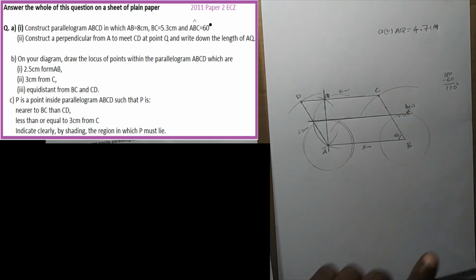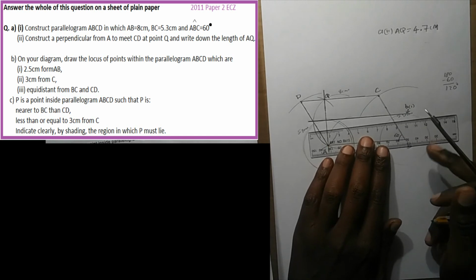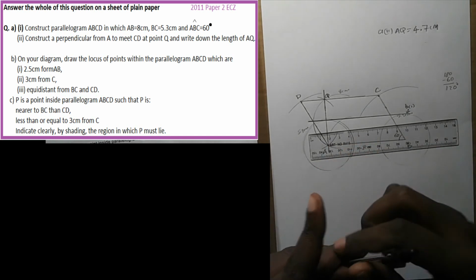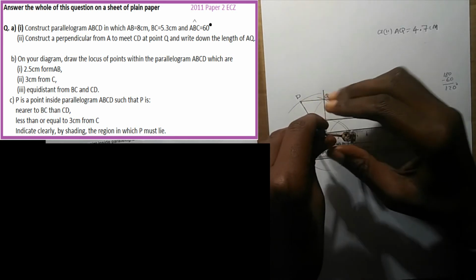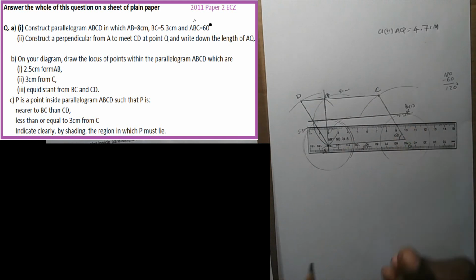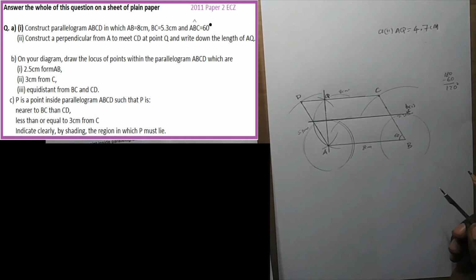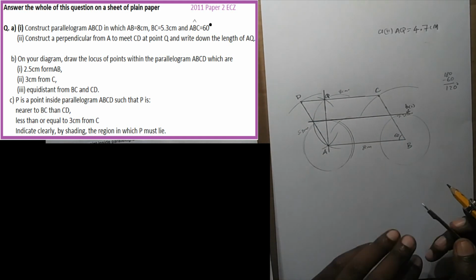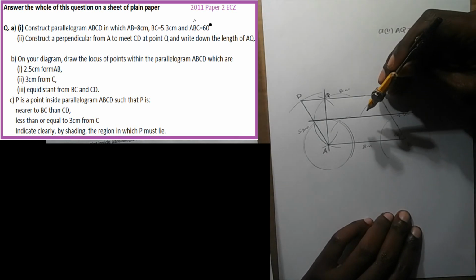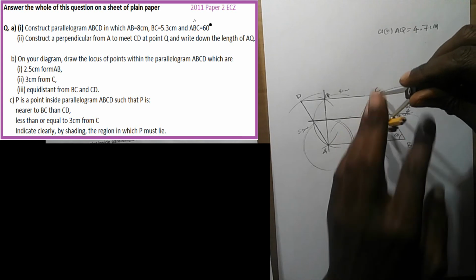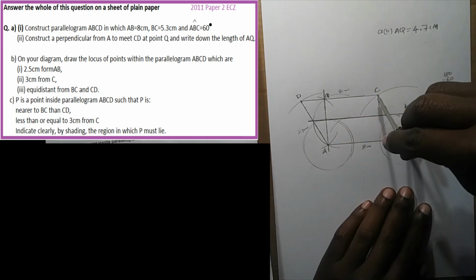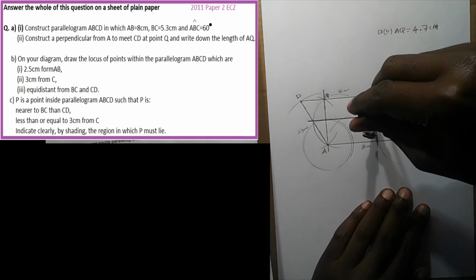The other one is 3 centimeters from C. So you get your ruler and make 3 centimeters. You place at 0 there, and then up to where 3 is. So this is 3 centimeters here, and then it says 3 centimeters from C. So we'll come at C here, place the compass there, and then draw a very nice looking arc.